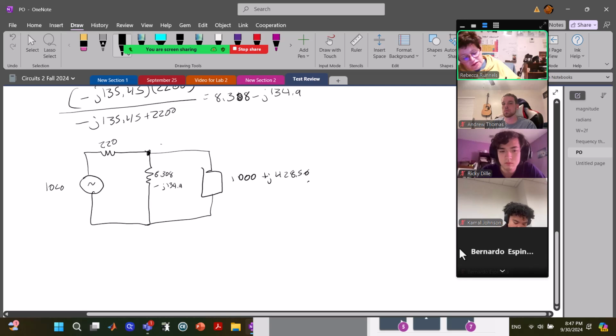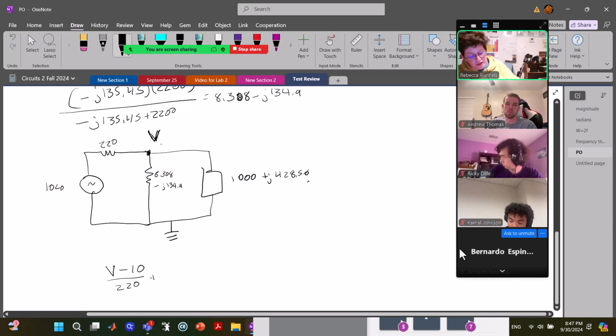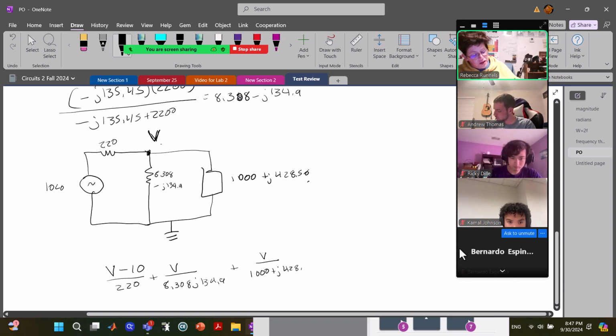So if I make this V and make this ground, then I can set up one nodal equation, and I can say V minus 10 over 220 plus V over 0.308 minus J 134.9 plus V over 1000 plus J 428.56 equals 0.